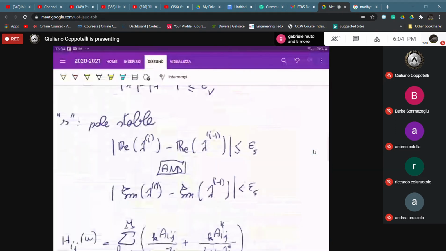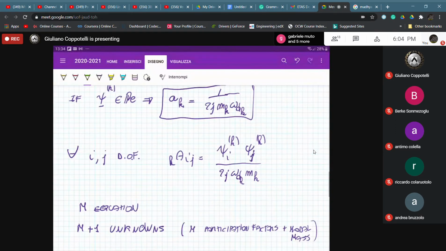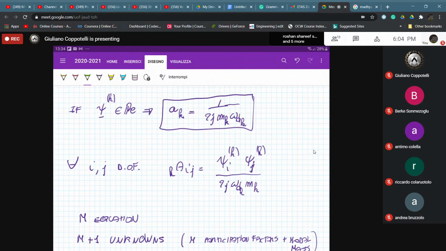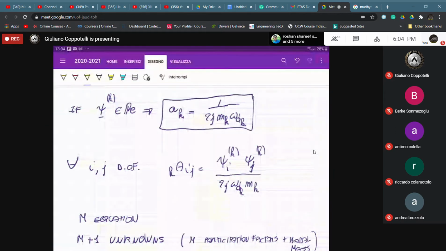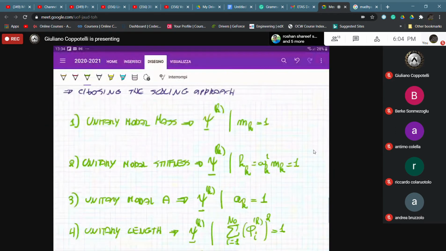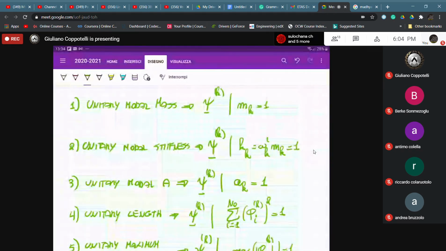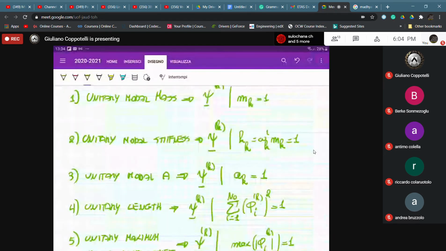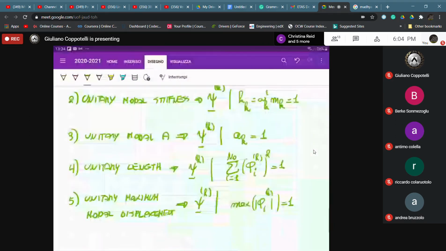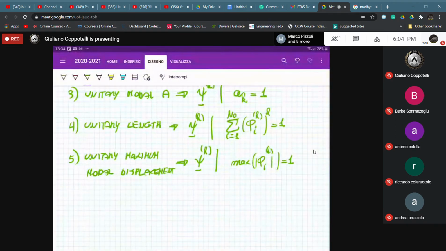In order to do that, we are scaling your mode shapes in different ways, and these scaling options give you the corresponding modal parameters, mode shapes, sorry, K mode shapes. Okay, that's it for this topic.